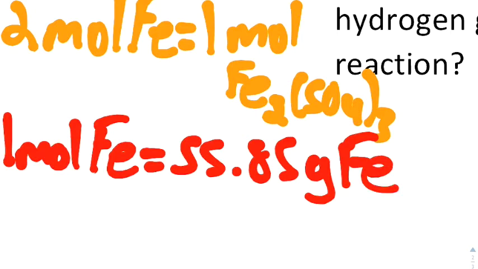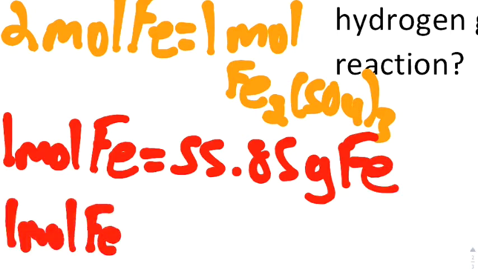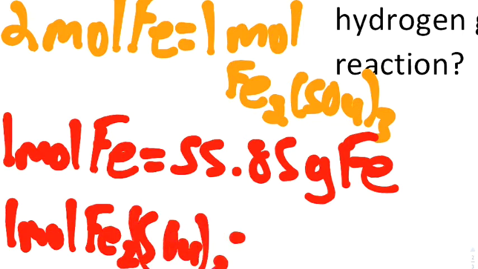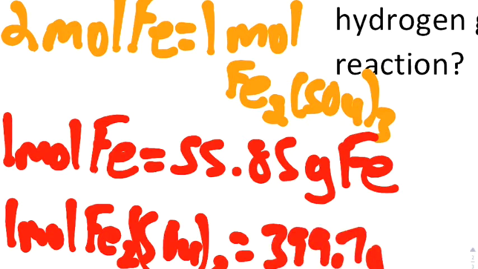And then 1 mole of our Fe2(SO4)3 is, and it has a very large molar mass, 399.7 grams of our iron 3 sulfate.